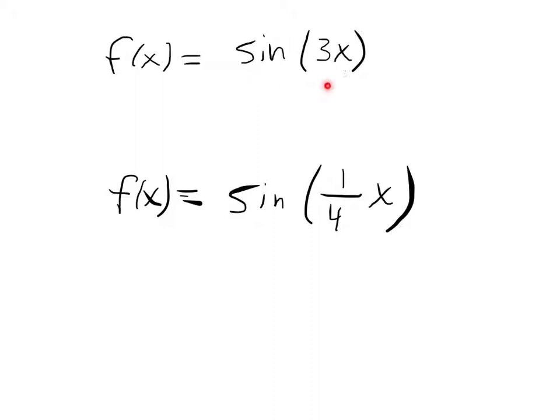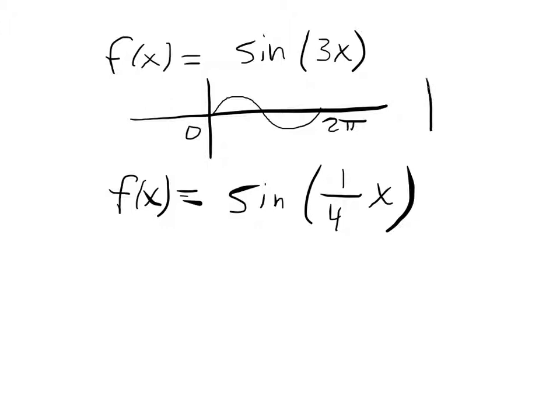So how about sine of 3x? We remember if we replace x with 3x, that's going to be a horizontal shrink by a factor of 1/3. So think about it. If sine x takes on a full period from 0 to 2 pi, for sine of 3x, it's going to be a horizontal shrink by a factor of 1/3.